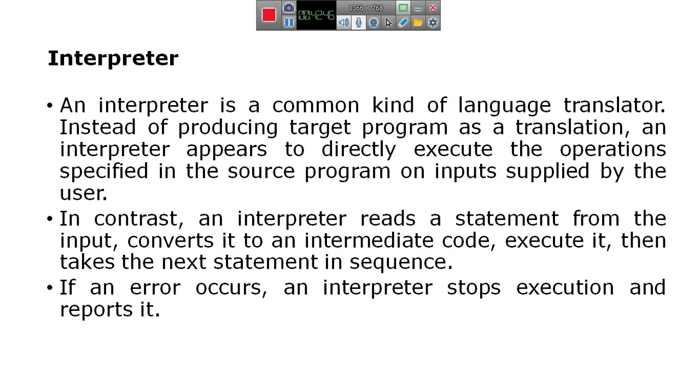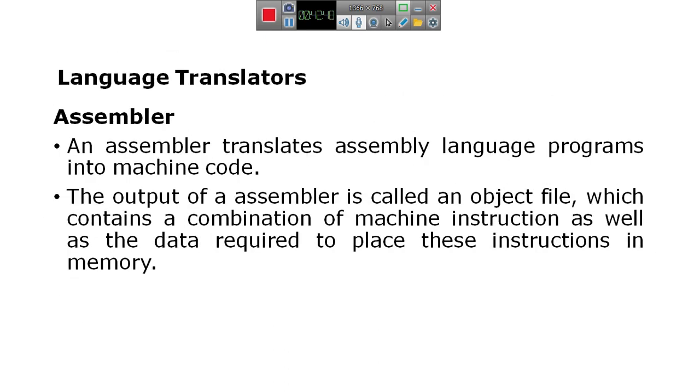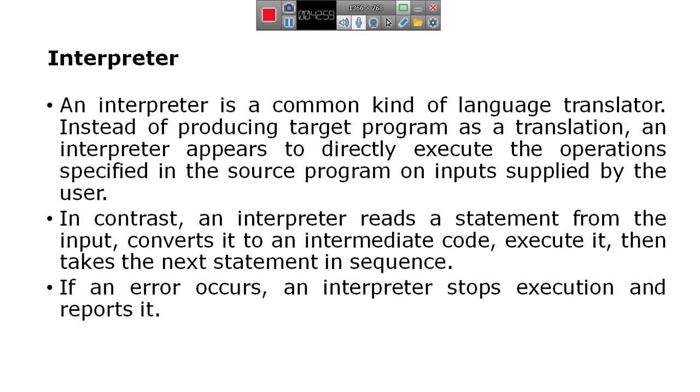Here the language translator, the assembler, is different. It converts assembly language instructions into machine language. The interpreter and compiler both are meant to convert a high level programming language into machine language.